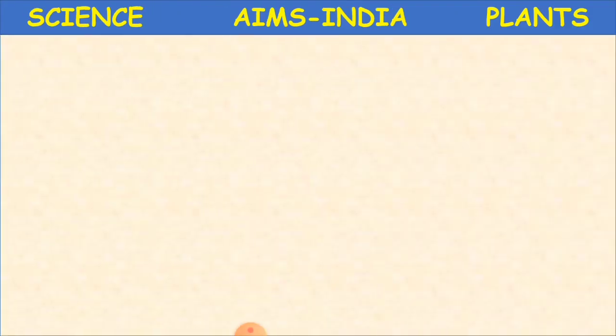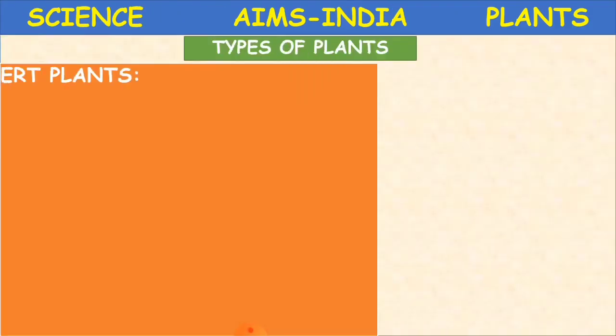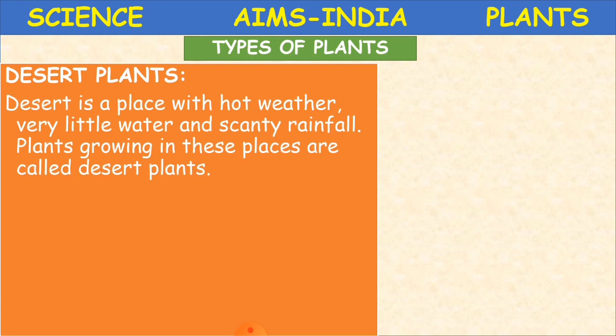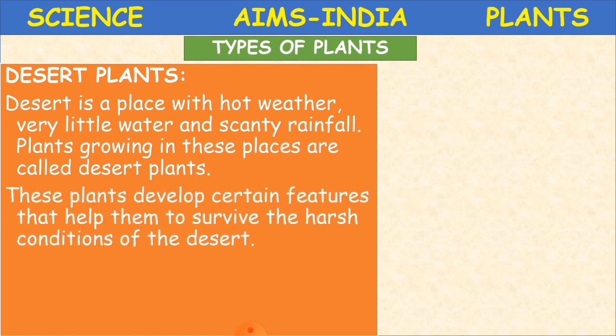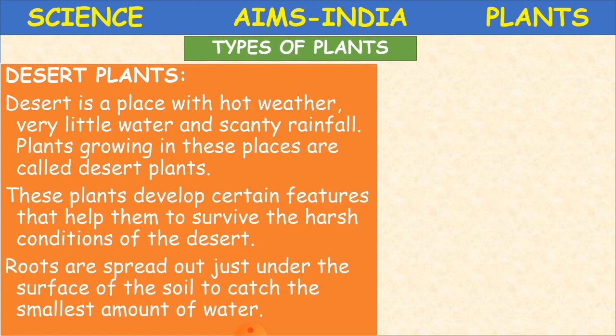Okay, clear? Now the another type of plant, what is it? Desert plants. What is a desert, children? Like hot areas. Desert is a place with hot weather, very little water and scanty rainfall. Plants growing in these places are called desert plants.